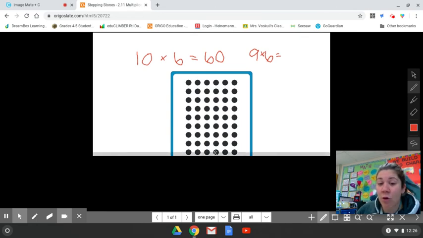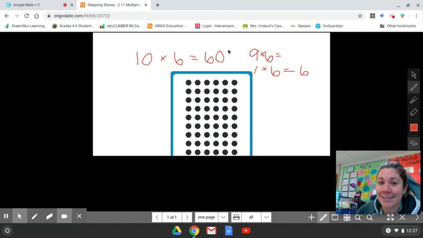Now we only have 1, 2, 3, 4, 5, 6, 7, 8, 9 rows of 6. If I know 10 rows of 6 is 60 and I just covered up one row, and in that one row there were 6 beads, I really just covered up 6 beads.